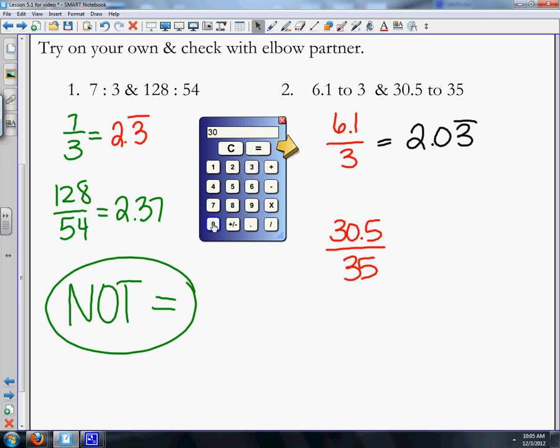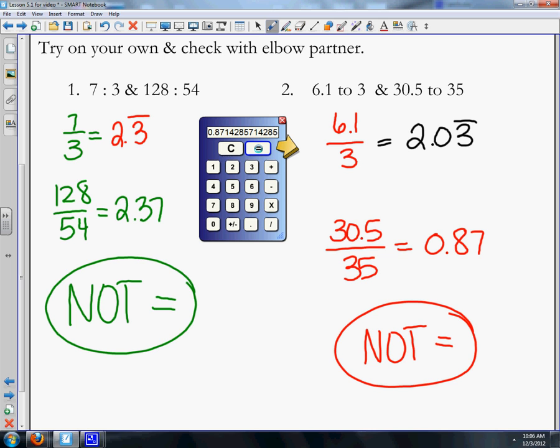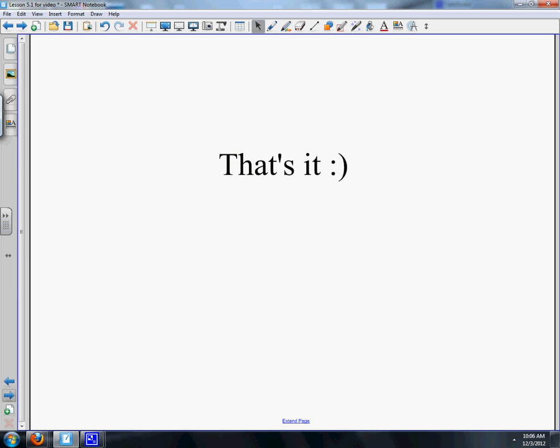And then do 30.5 divided by 35, and that equals 0.87. So these are not equivalent. Okay, so that's it for your notes.